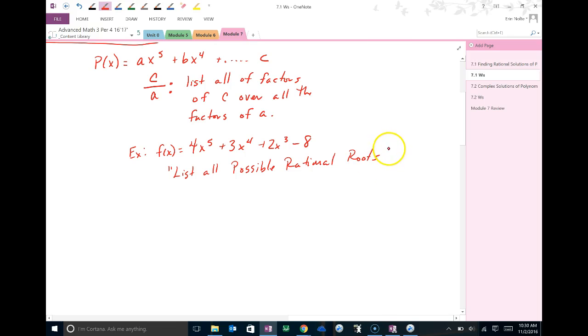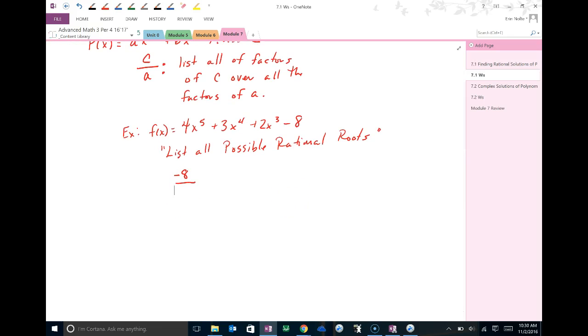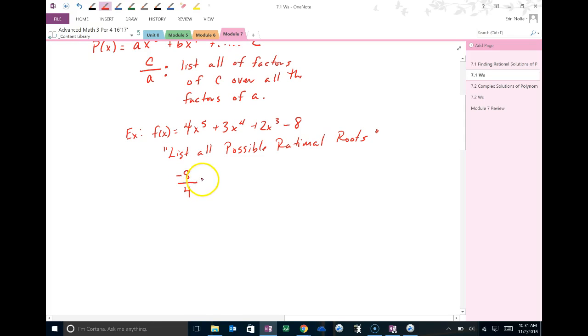To list your possible rational roots, you use the rational root theorem. In my case, what is the constant value? -8. I really don't care if it's positive or negative, we're just going to say 8 for the most part. What's the leading coefficient? 4.